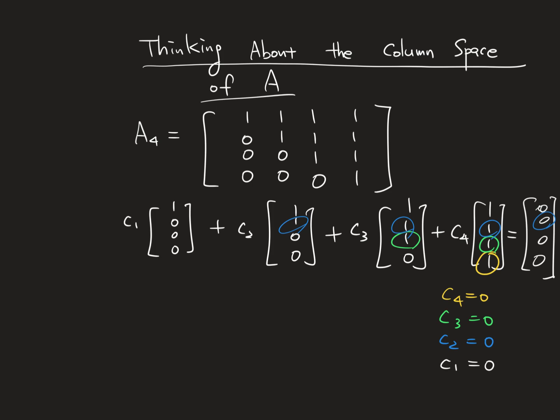That means the column vectors are linearly independent. We can easily show that.